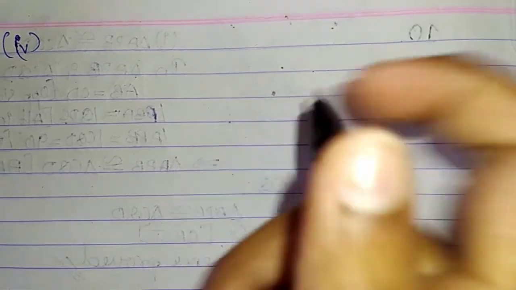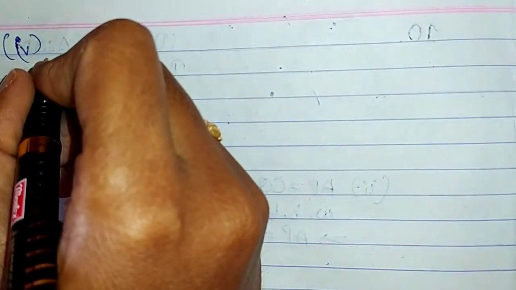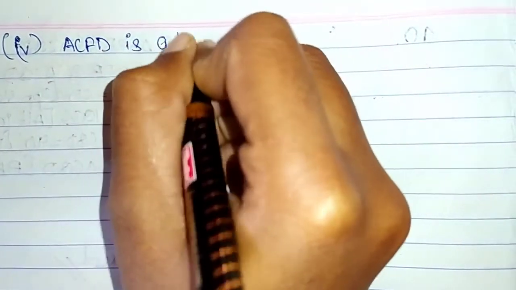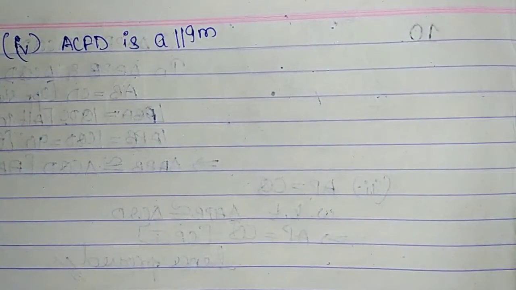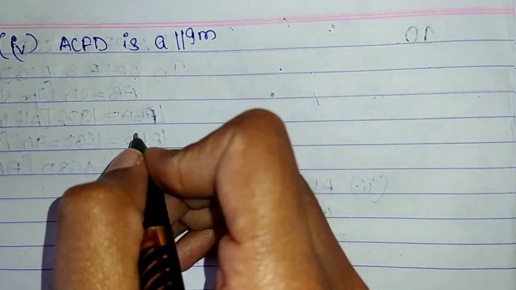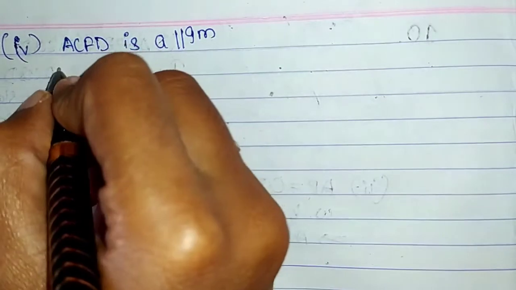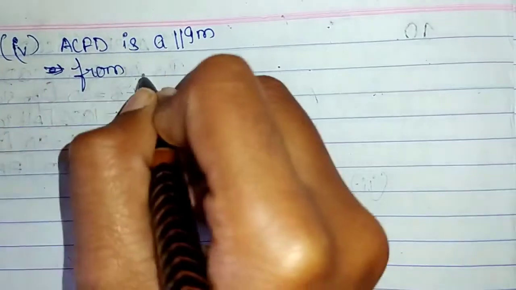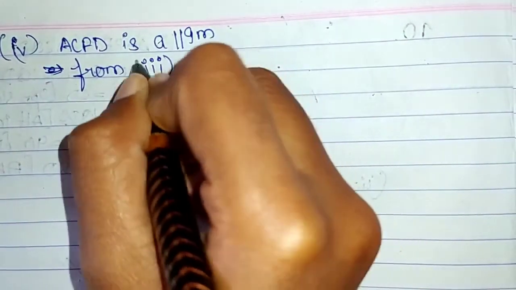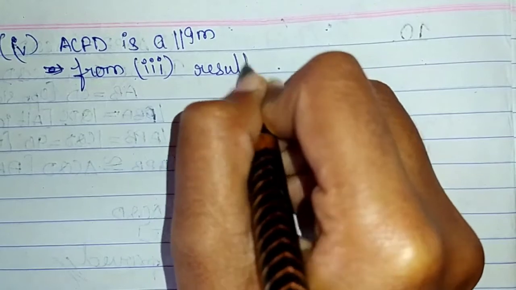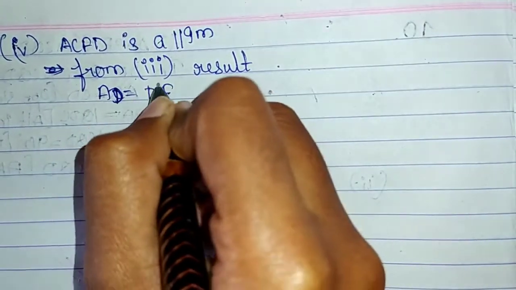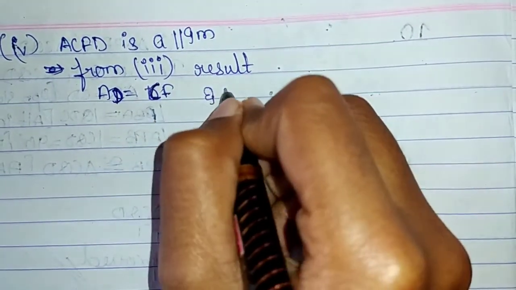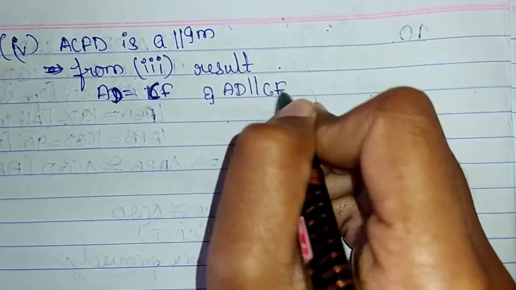In the fourth sub-question, we have to prove that quadrilateral ACFD is a parallelogram. So this is simple, just like how we proved the other two quadrilaterals. Here from the third result, AD is equal to CF and AD is parallel to CF.